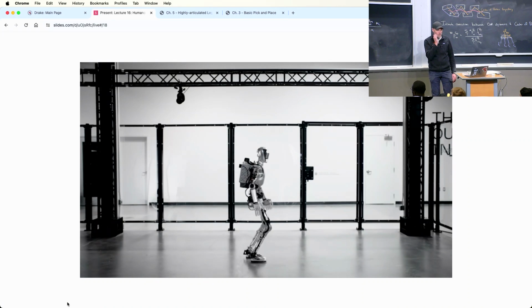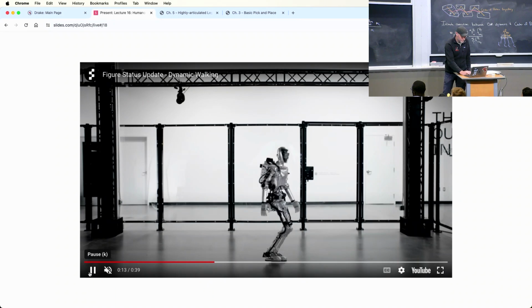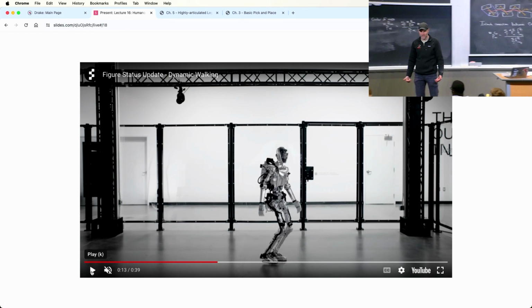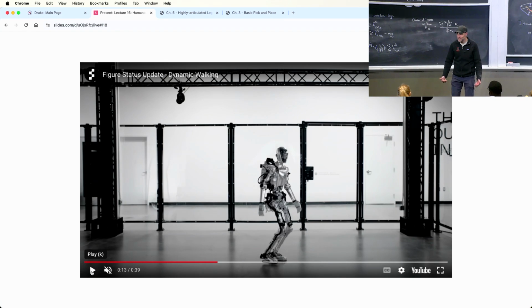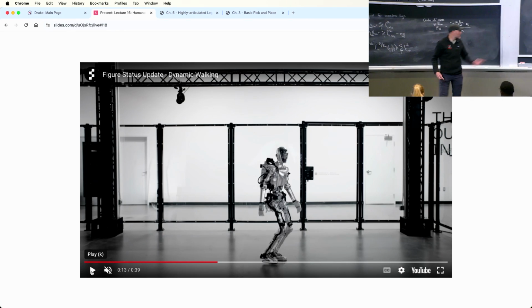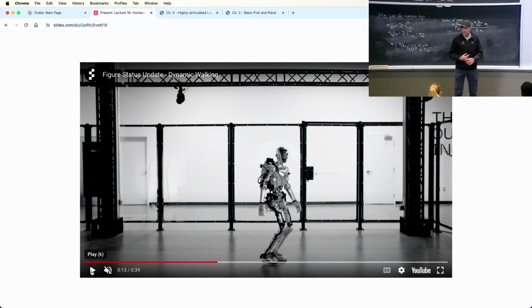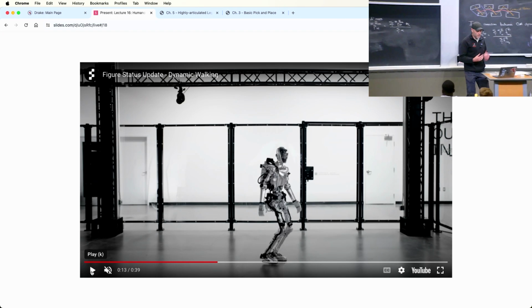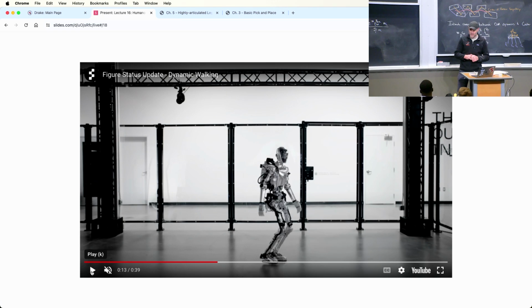Another thing you notice about these is that almost all of them have a fixed cadence. They go like this, and then they start moving around. That's because they've somehow separated the footstep planning problem, at least in the cadence step, from the full dynamics planning. When you see that, I think that's a clear indication that they've done that separation.